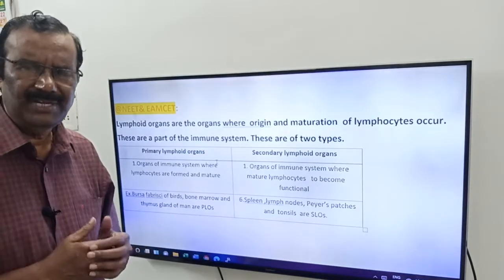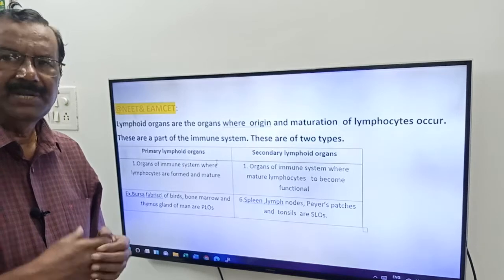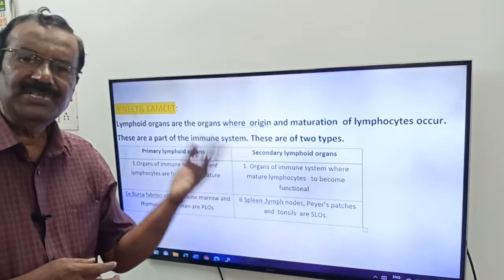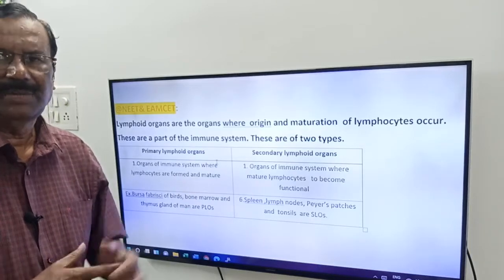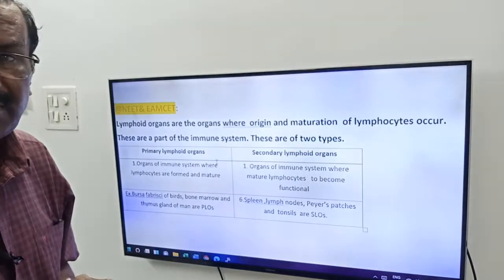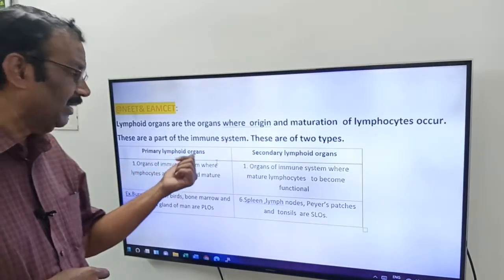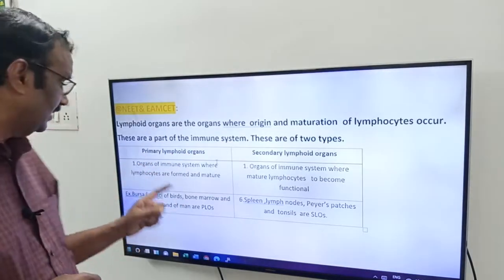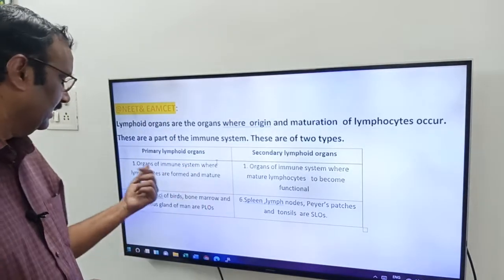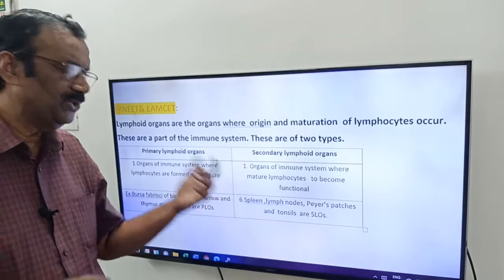For example, stem cells of red bone marrow, in which B cells are formed and matured. So red bone marrow is a primary lymphoid organ.